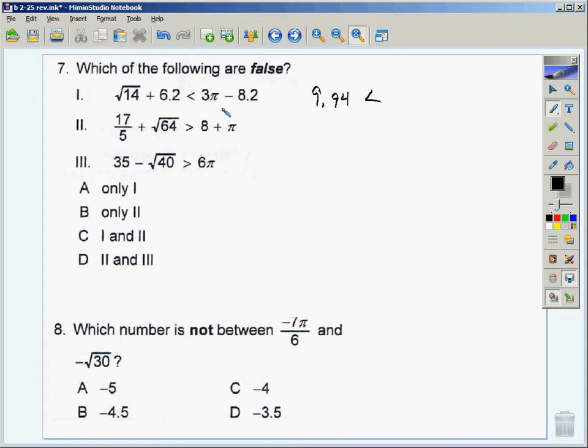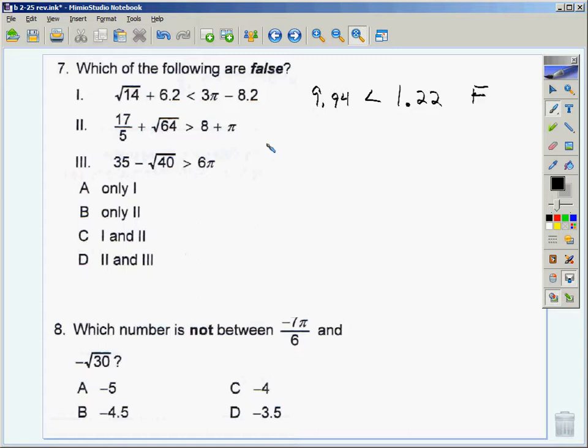And it's being compared to 3 times pi minus 8.2, which would be approximately 1.22. Is that true or false? That's false. 9.94 is definitely not larger than 1.22. So number 1 is false.